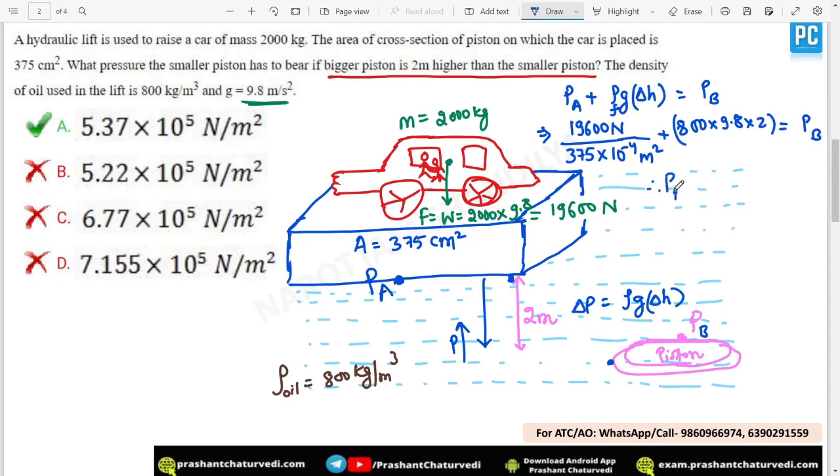When you calculate this, it will be somewhere around 5.2 into 10 to the power 5. And when you add, this will become 5.38 into 10 to the power 5 Newton per meter square, which is close to option A.